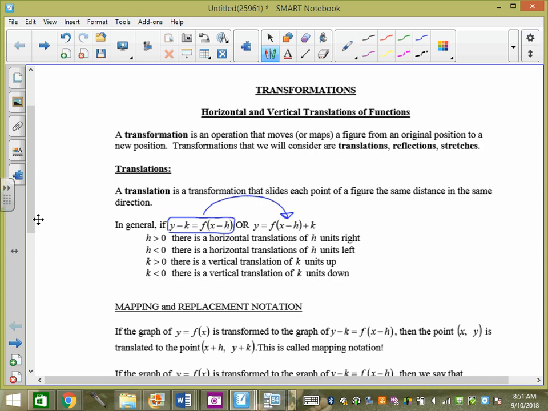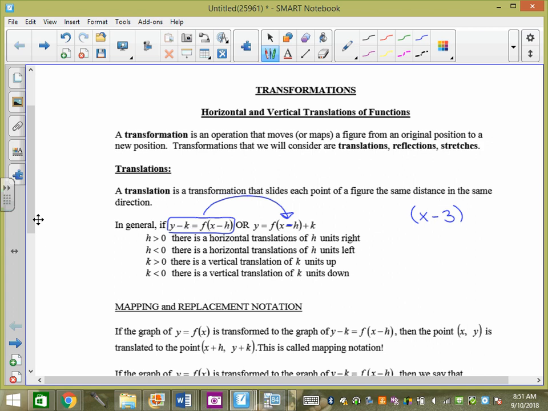Now, in x minus h, the reason you always go the opposite direction, left or right, is because there's a hidden minus sign directly in the formula, is there not? So if I go x minus 3, people will try and tell me h is 3.